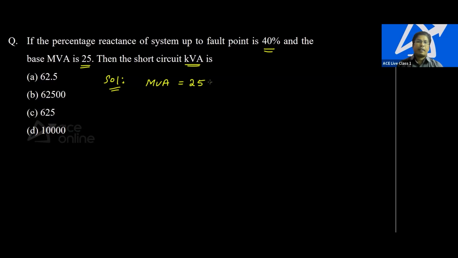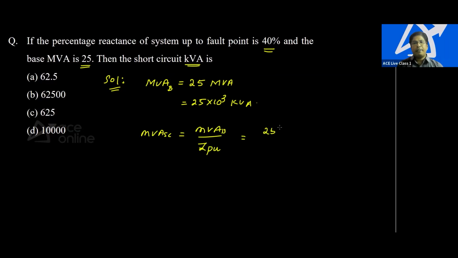25 MVA. That is the MVA base value. Or it is 25 into 10 power 3 kVA. They are asking KVA SC, MVA SC in terms of KVA. What is MVA SC, students? It is MVA base divided by Z per unit. The per unit impedance is given 0.4.